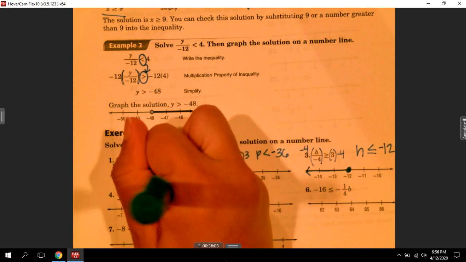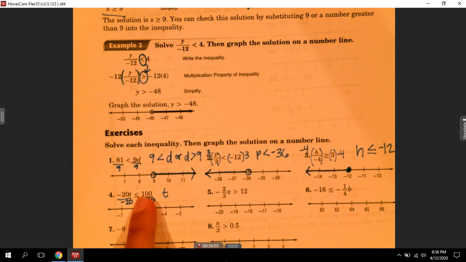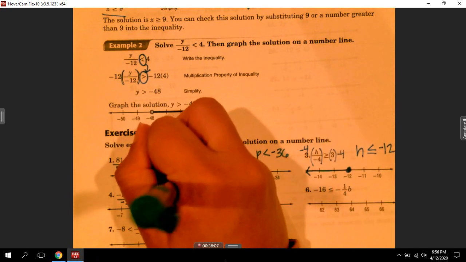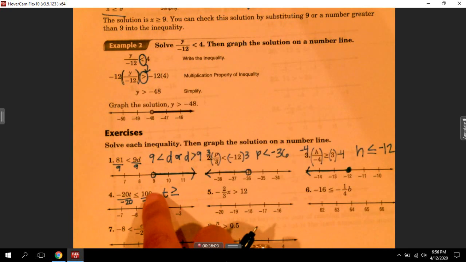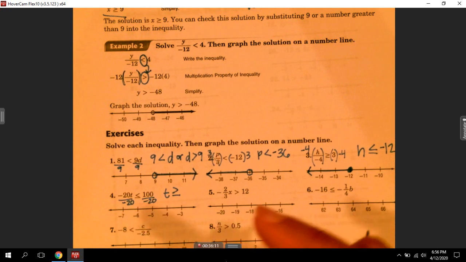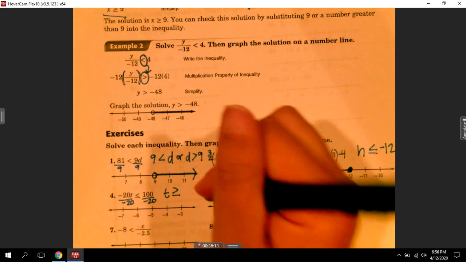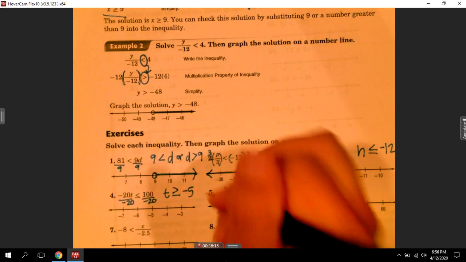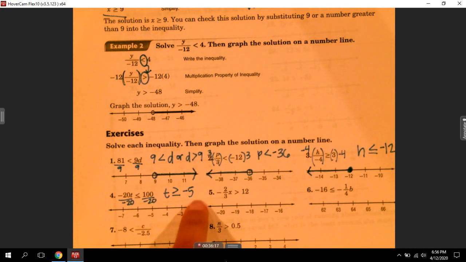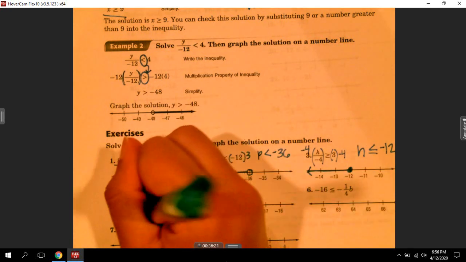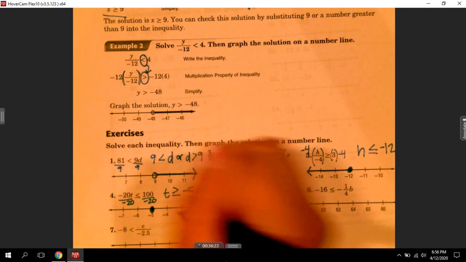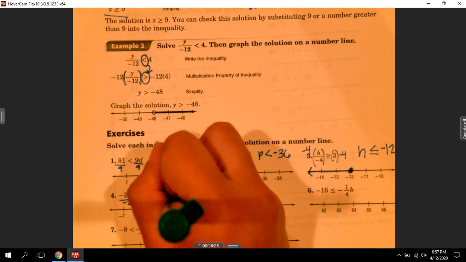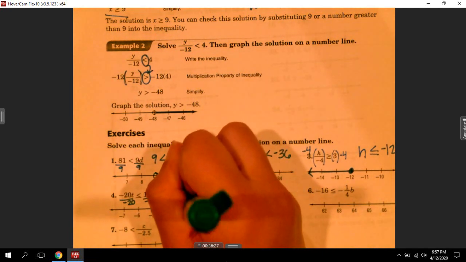So now I should have t is greater than or equal to 100 divided by 20, which is negative 5. So t is greater than or equal to negative 5. Okay. Greater than or equal to, so that means a closed circle. And then that should be everything in the right direction.